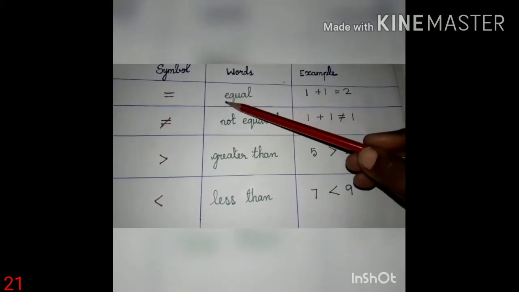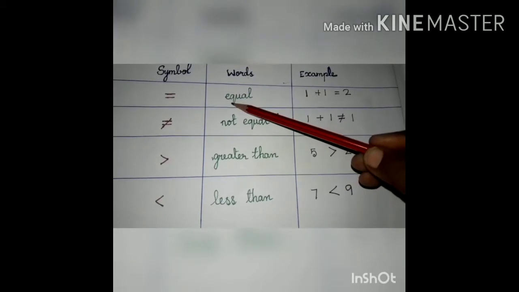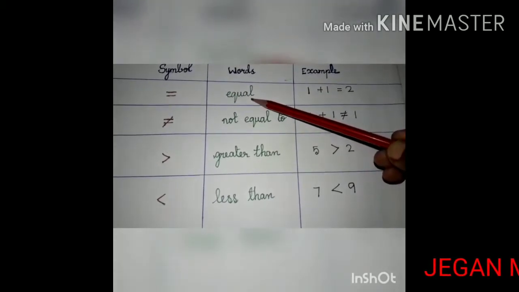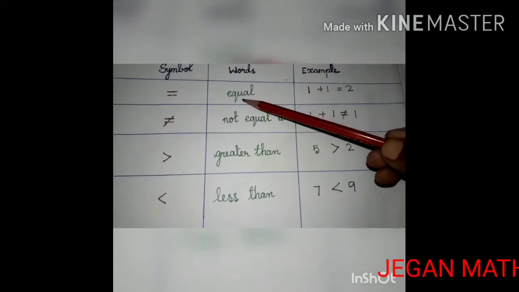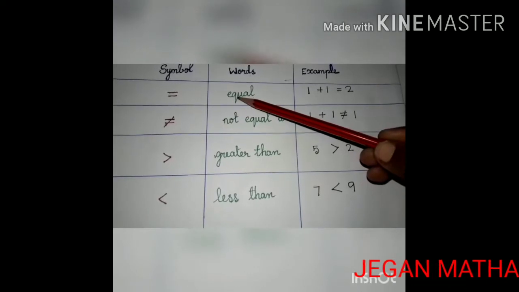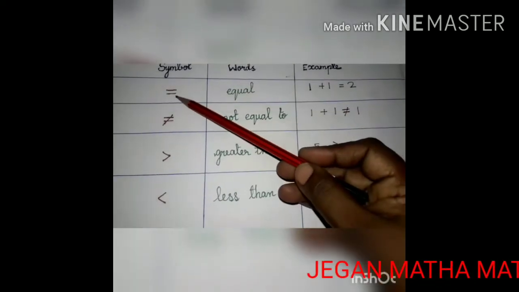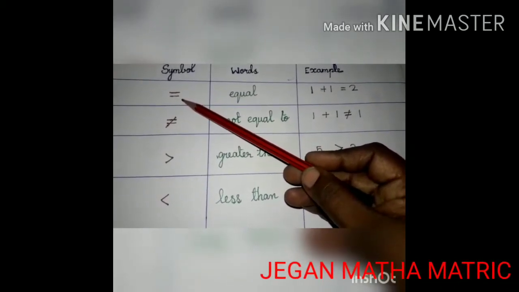Look at this deeply. Equal. E Q U A L. Equal. What is the spelling for equal? E Q U A L. Equal. This is the equal symbol.